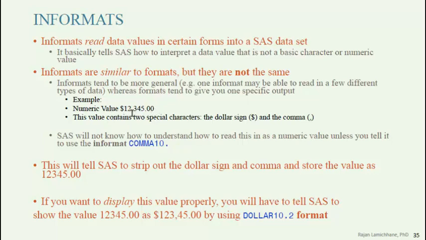Then you can use the comma10. informat to record this data, and it will be recorded as 12345 only. And when you have used the comma10. informat, if you want to display this data again, use the format $10.2. So there will be a total width of 10, and that includes the 2 decimal places also.